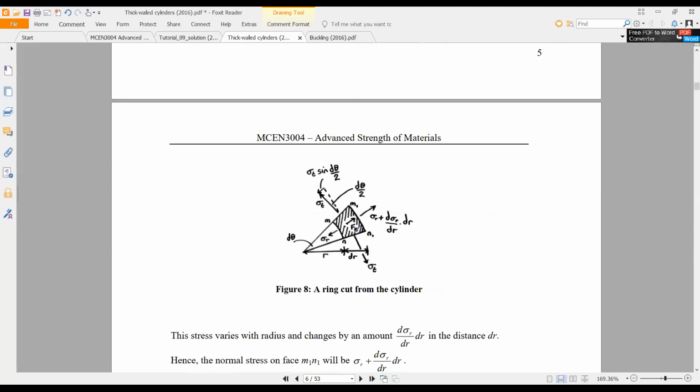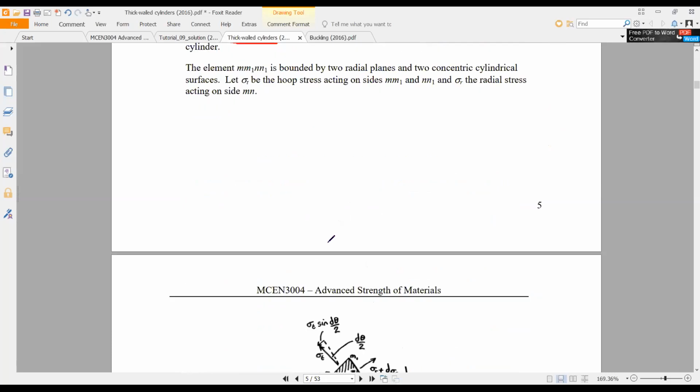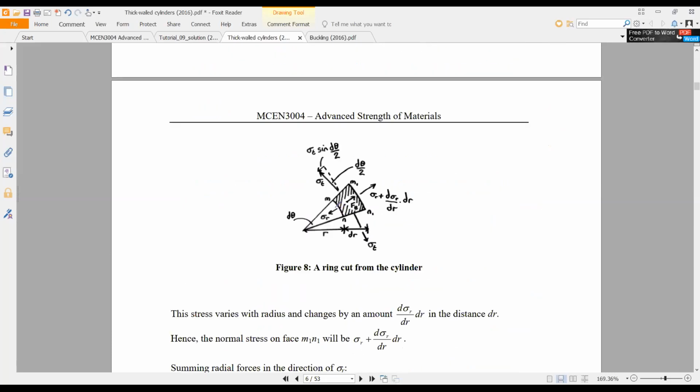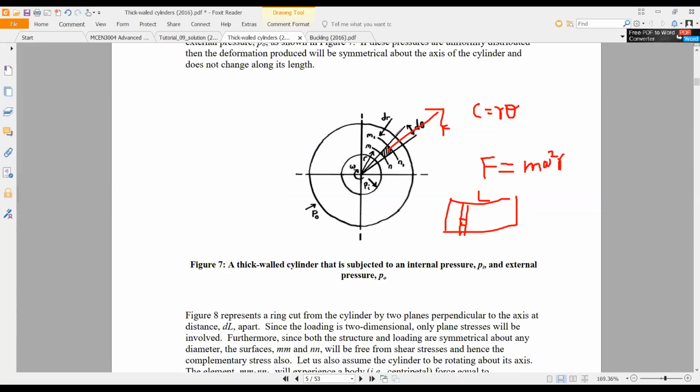Then we will select this small segment, and this is FB. We already know that value. Then we will introduce other forces applied on that small segment. This is sigma R, the nominal stress at this plane. This is the inner surface, and this is the outer surface of this segment, not the cylinder outer surface, this one.